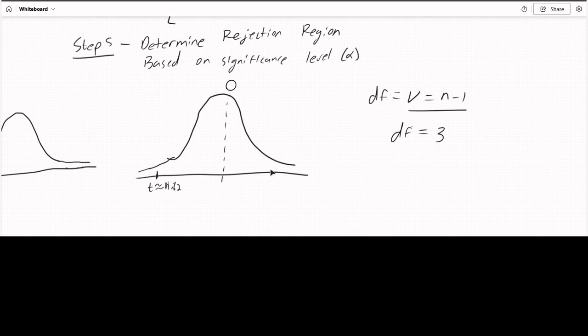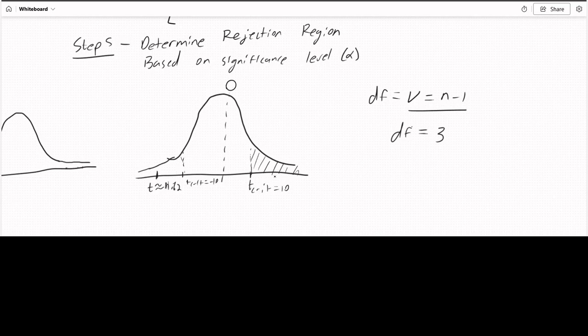So if we were to find our rejection region, T critical to reject, to be something like, let's say, 10 for this upper version, then if we find the negative of that, T crit equals negative 10, we can use it for the lower end.